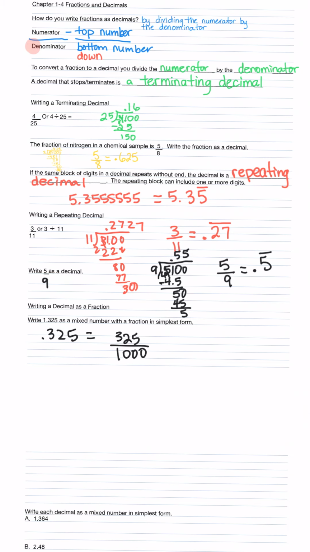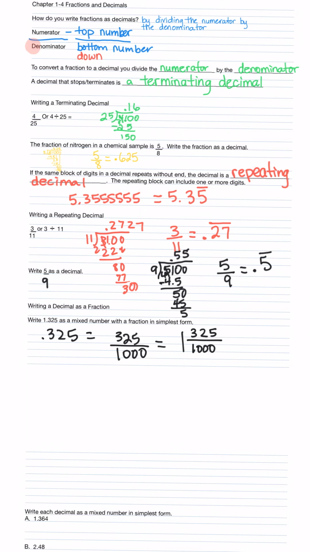So that's why I said it like that, 325 thousandths. Then we can put the 1 in front of it because 1 is the whole number. So it would be 1 and 325 thousandths. And now we need to make that simplest form.